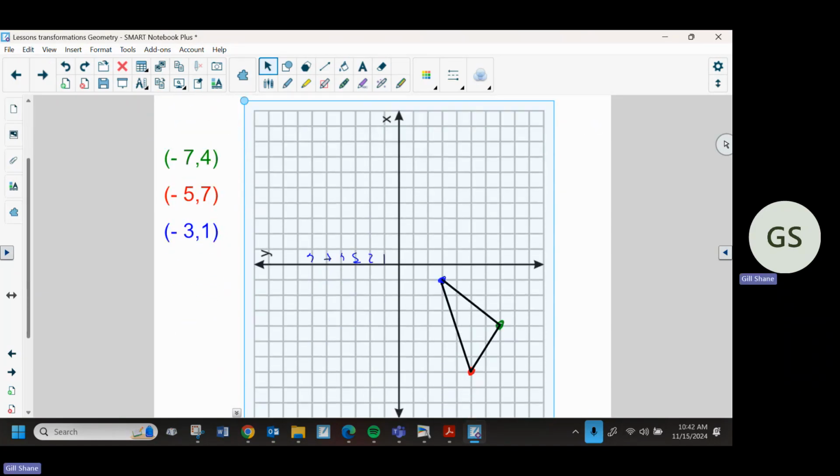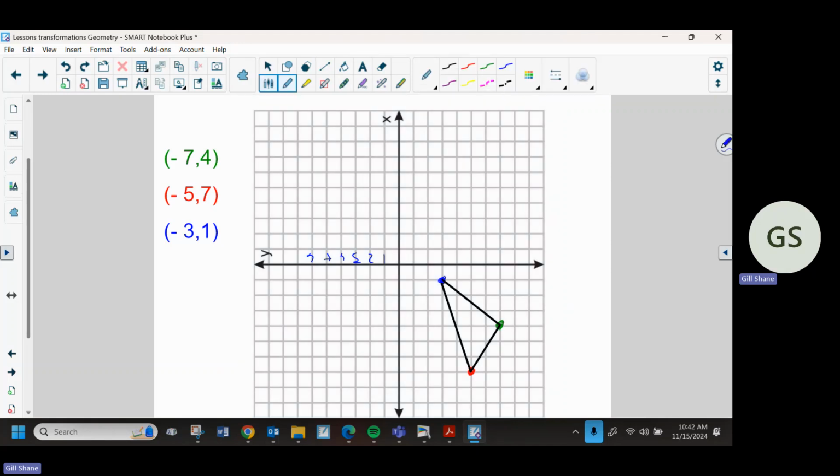So what is the blue point at? Sage, what's the blue point at? 1, 2, 3, negative 1. So my blue point goes to that.